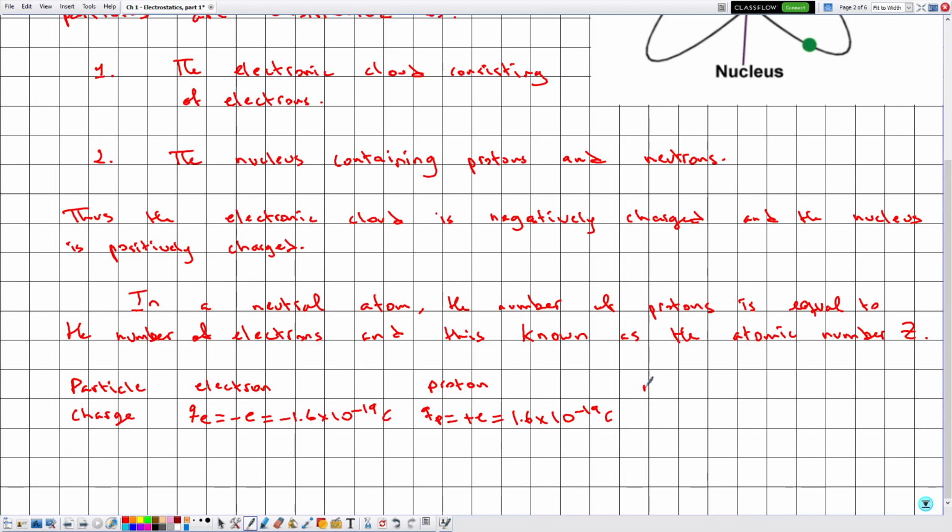And as for the neutron, its charge Q of the particle n is equal to 0 multiplied by e, which is equal to 0 coulombs, because coulombs multiplied by 0 is overall 0. Let me tabulate this data.